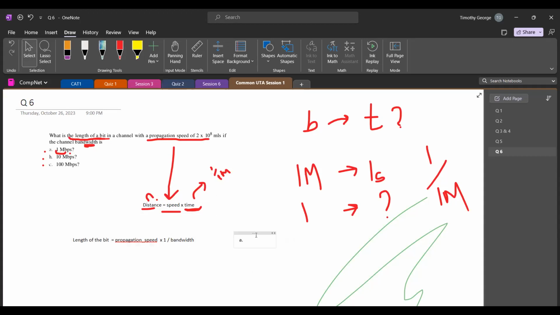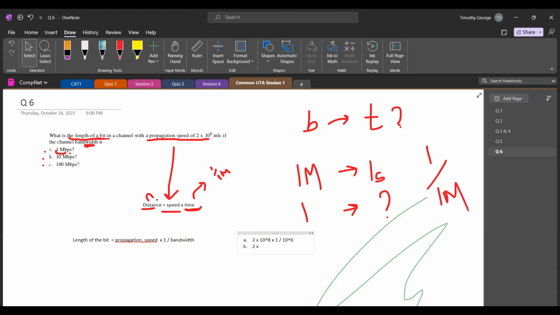A would be propagation speed 2 times 10 raised to 8, times 1 divided by 10 to the power 6. If you solve this, you would get the answer.